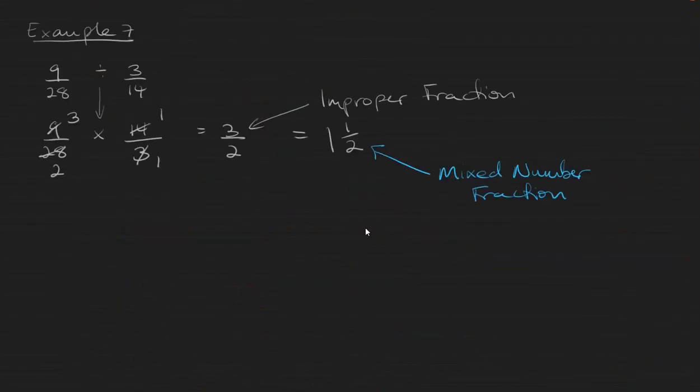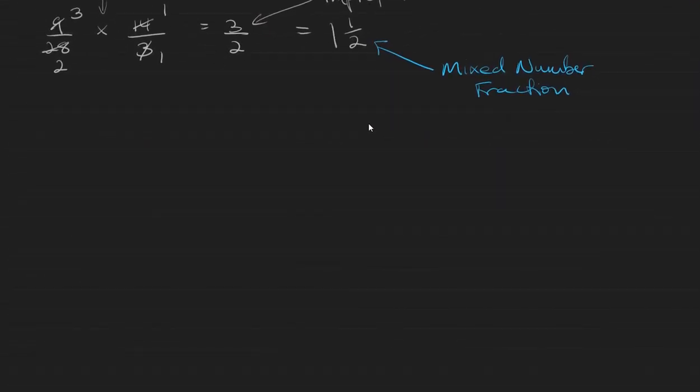I will do one more example with divisions. So example number 8. And then we have something like this, 39 over 50 divided by 13 over 20. Again, what we do is we rewrite the entire equation.